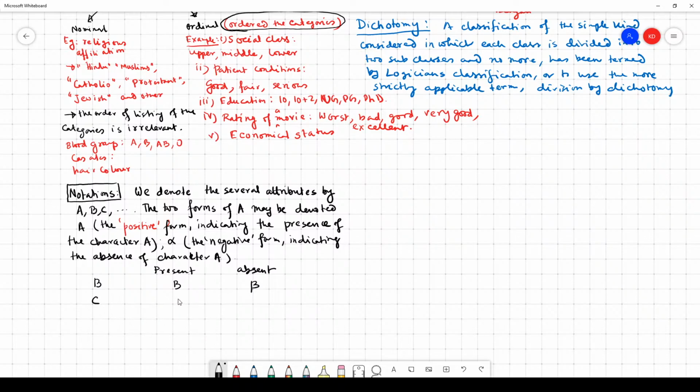For attribute C, if it is present, we denote it by capital C, and if it is absent, we denote it by gamma, and so on.